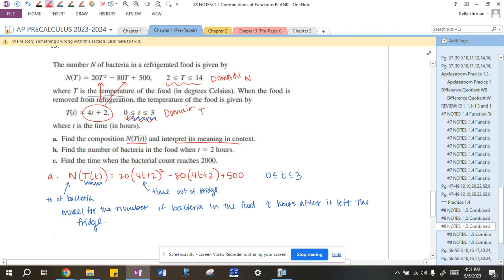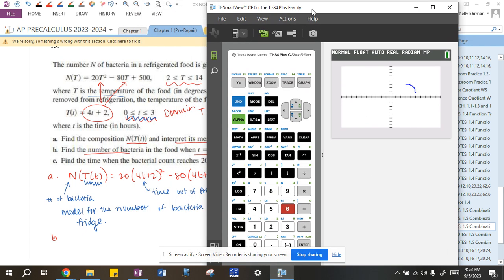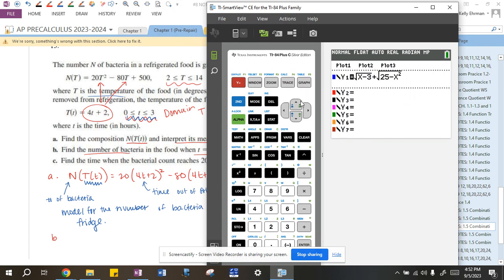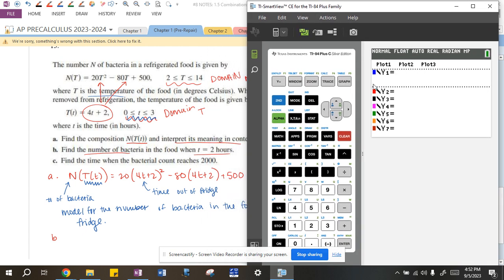Okay, now part B says, find the number of bacteria when t equals 2. Now, I can type this all into my home screen. I can type in 20 times (4 times 2 plus 2) squared, blah, blah, blah. That's not that hard. But I do want to show you some more calculator tricks that can make life a little bit easier. So go to y equals, clear out an old equation. Let's type in this equation with its parentheses and everything.